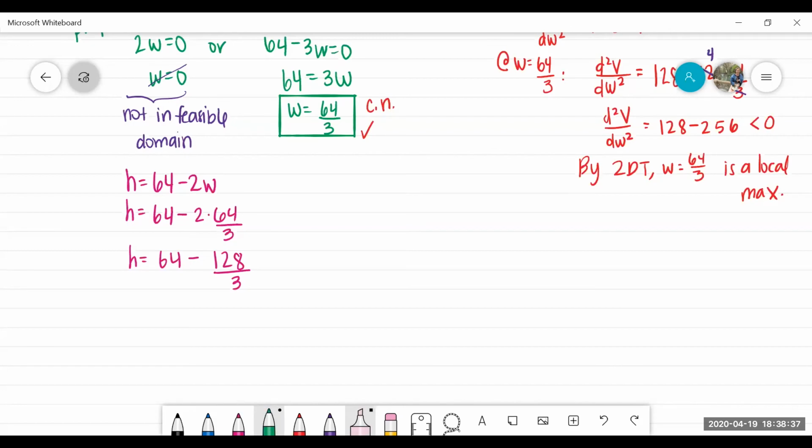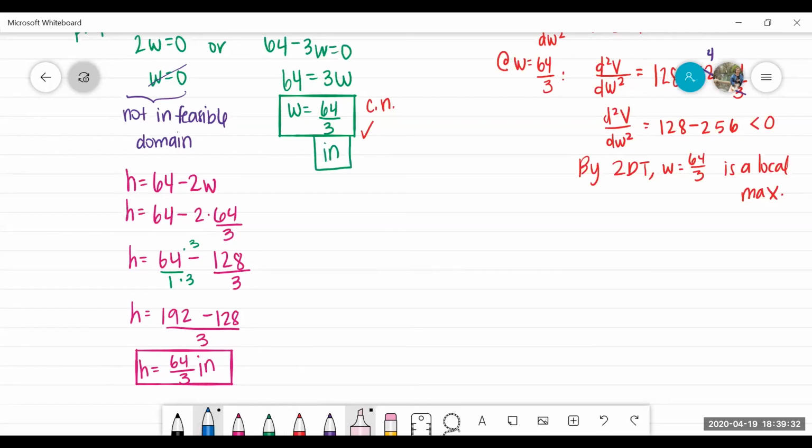If I get a common denominator, we get 192 minus 128 all over 3, which gives us 64 over 3. So this is a second value. I need to add units. Our units in this case are inches, so height is 64/3 inches. Width is 64/3, also inches.